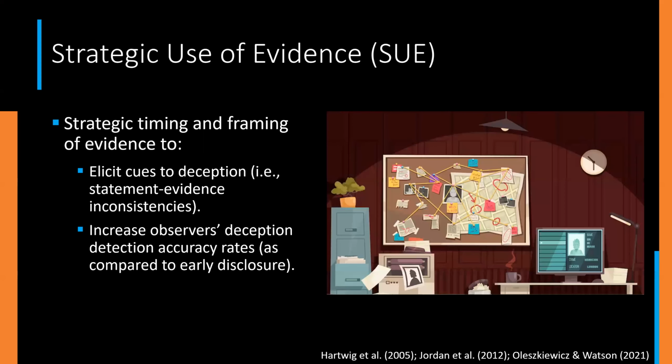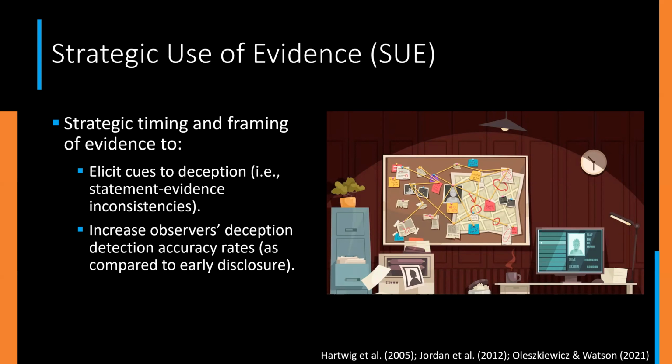So let's start off by talking about the strategic use of evidence, or the SU technique. The SU technique is an interrogation method that involves strategic timing of evidence disclosure. So is evidence presented at the onset of the interrogation versus at the very end of the interrogation, or incrementally throughout the interrogation? And it involves as well the framing of evidence disclosure.